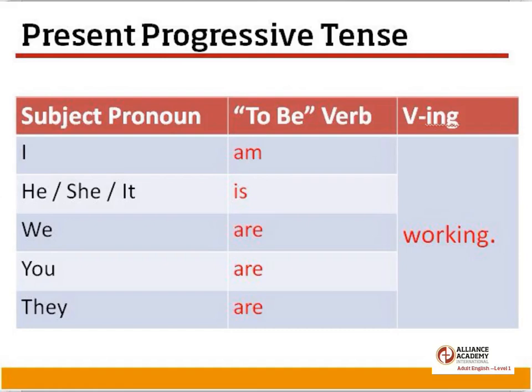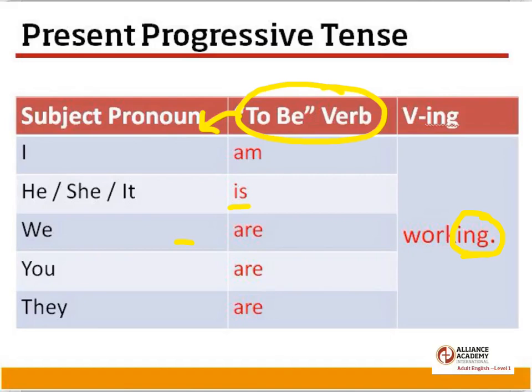So to make the present progressive tense, we just use the subject and then we follow it with the to be verb conjugated for the subject. So it would be I am working. He, she, it is working. Remember, in present progressive tense, we need to add the ing to the end of the main verb.